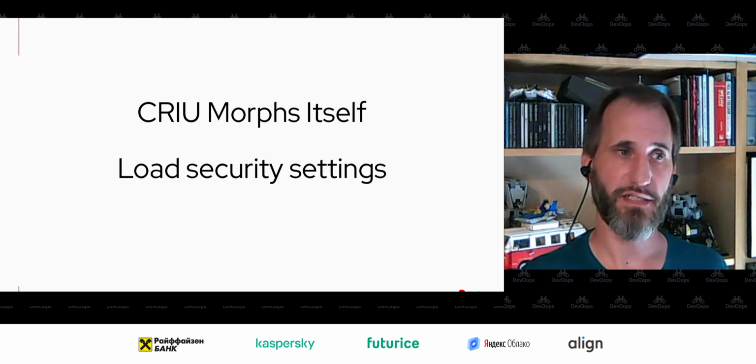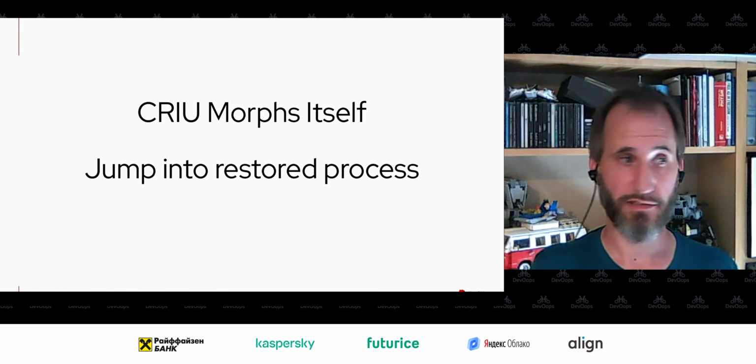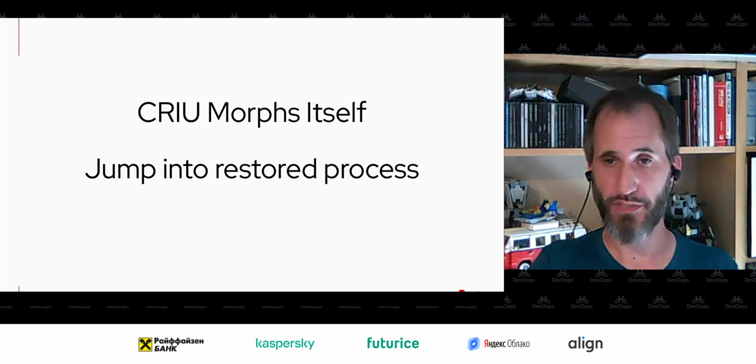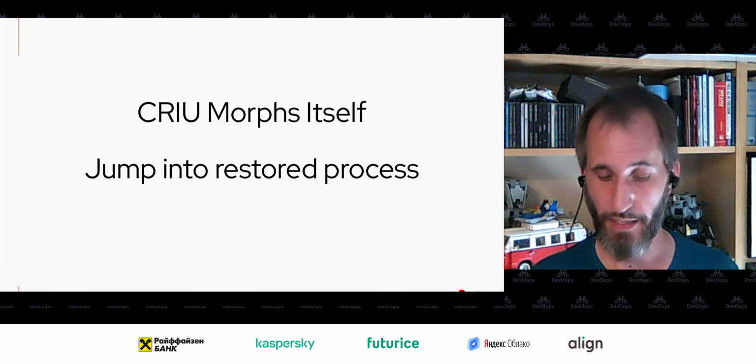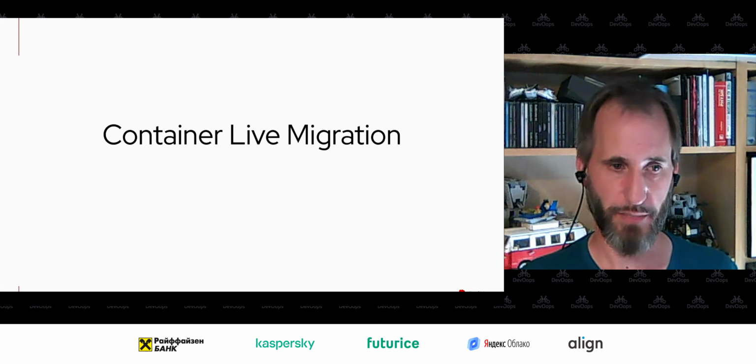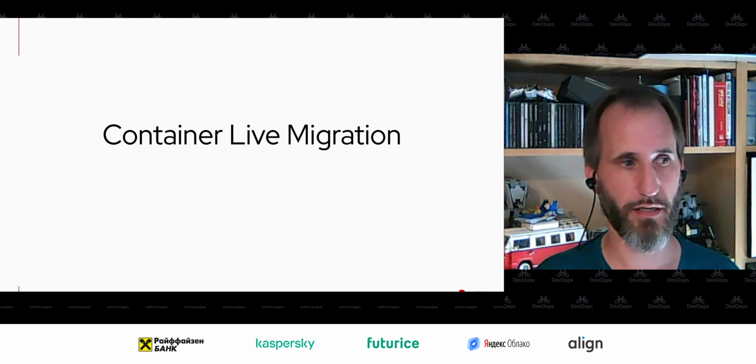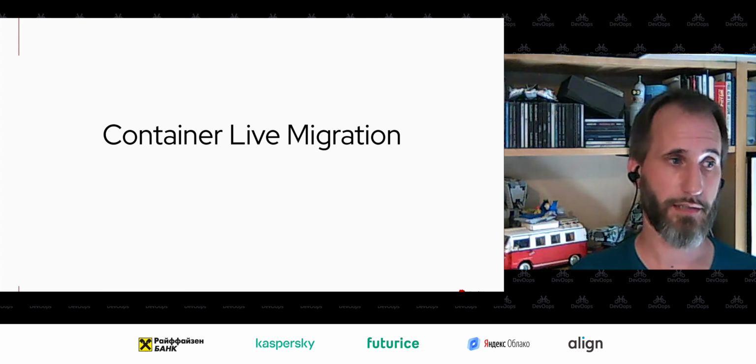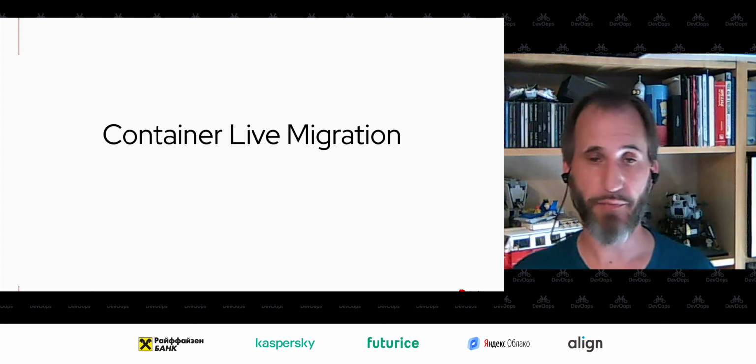Once everything has been done, CRIU just jumps back into the restored processes, and the processes continue to run. So this was my short introduction to CRIU. Now let's go to the actual container live migration.